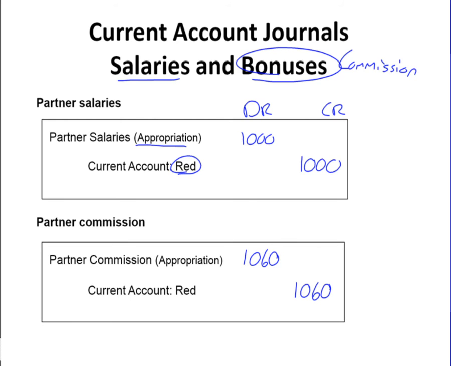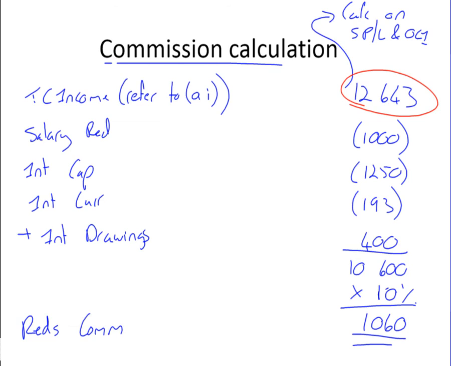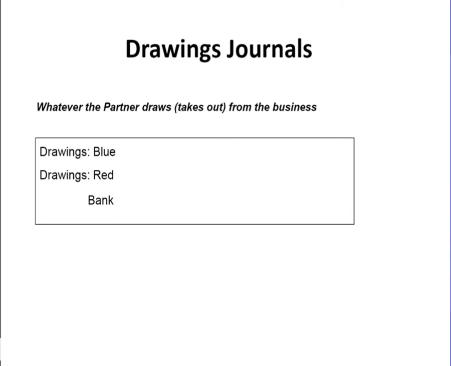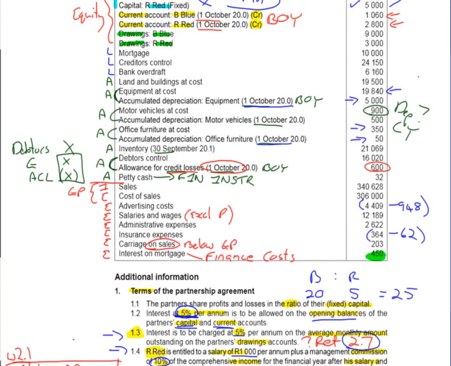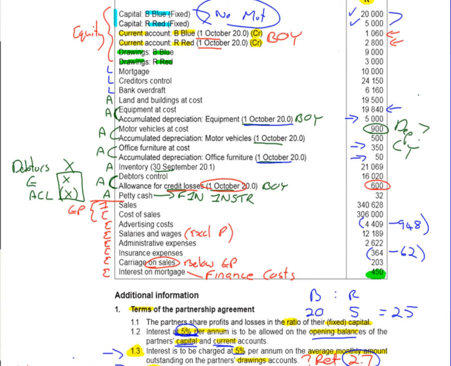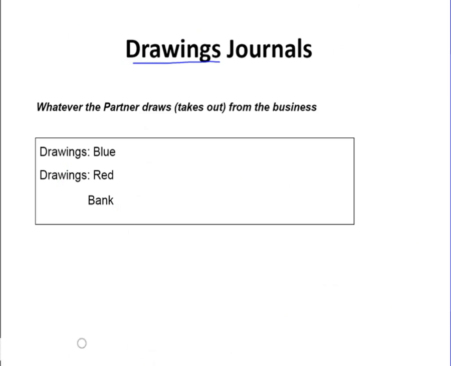Okay, now let's move on. We then need to do the drawings journal, which needs to get closed out to the current account. And that drawings journal is going to be quite straightforward. Let's have a look in the trial balance. Drawings were 9,000 for Blue and 3,000 for Red.